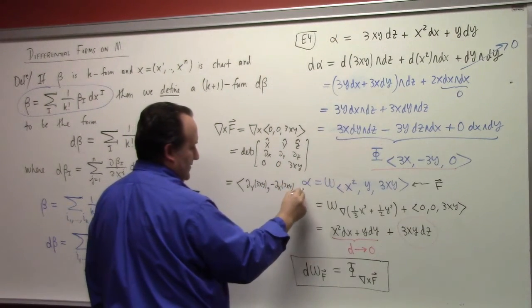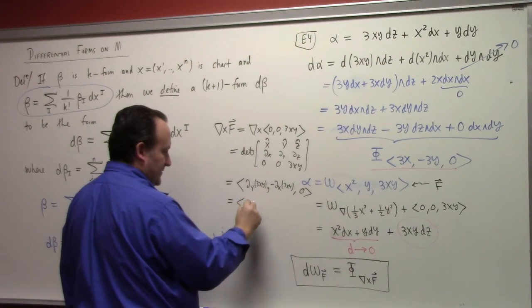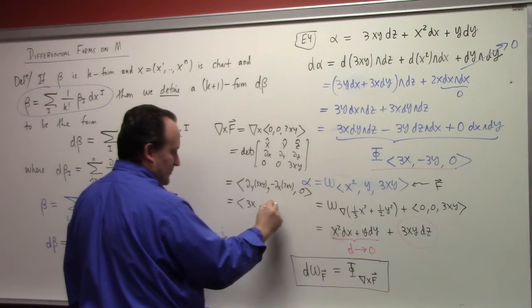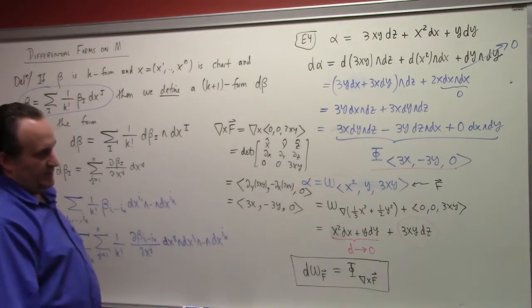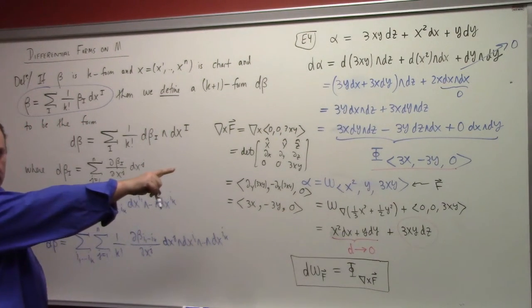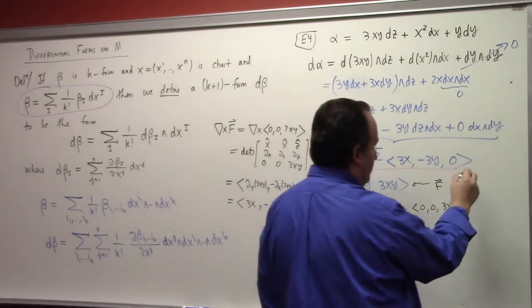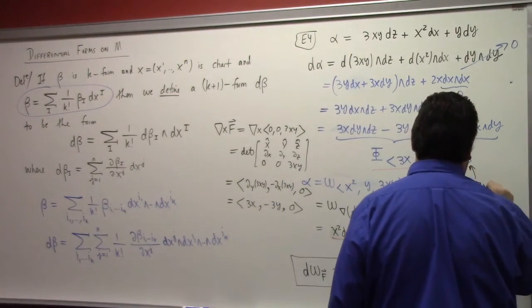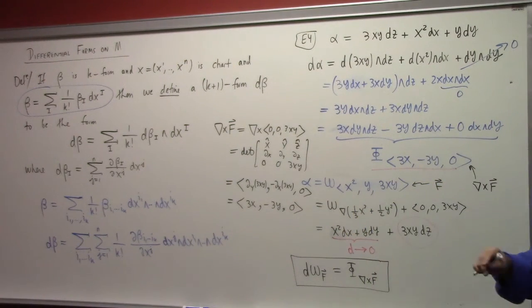And for z hat, I get 0. So that's 3x minus 3y comma 0, which is exactly what we have here, right? So that illustrates that that identity is true, but that's generally true.